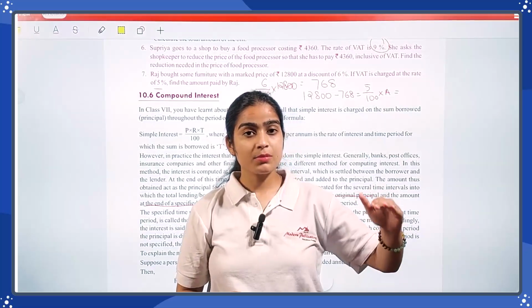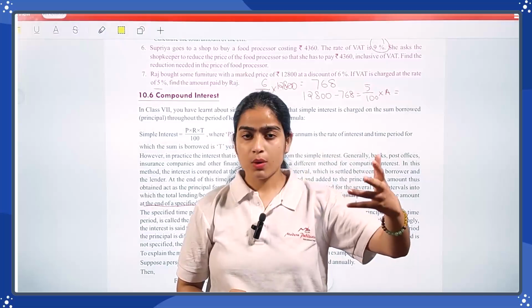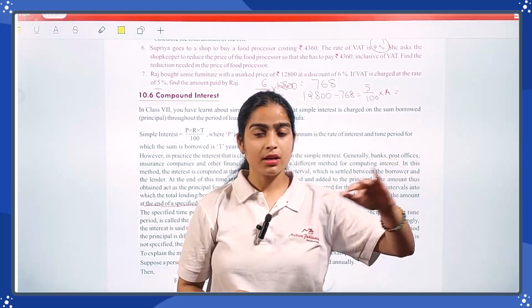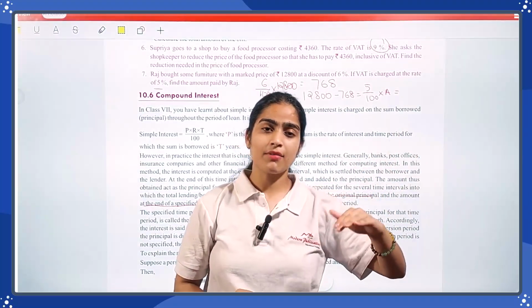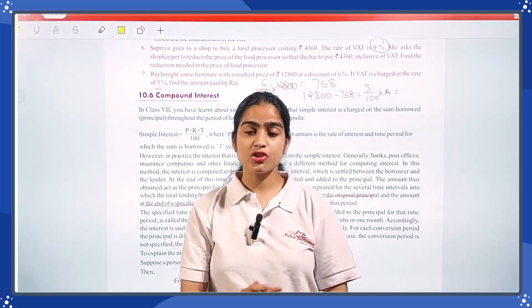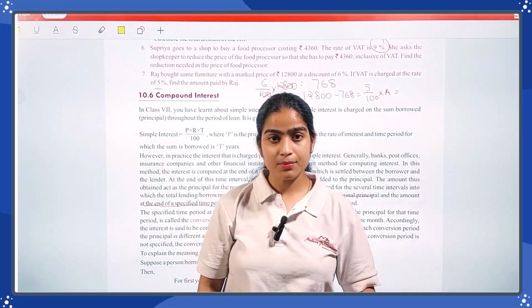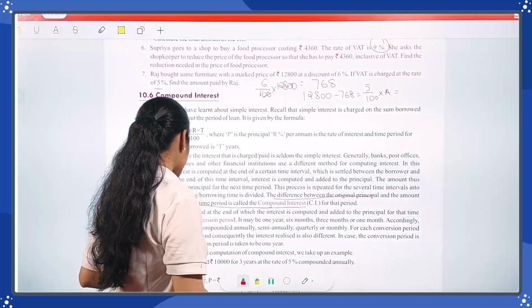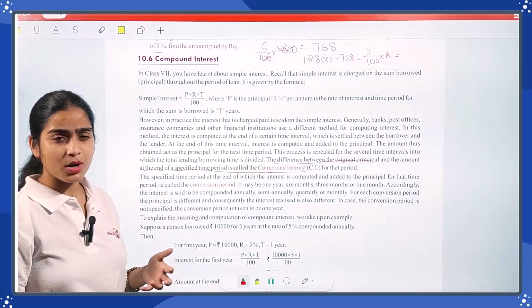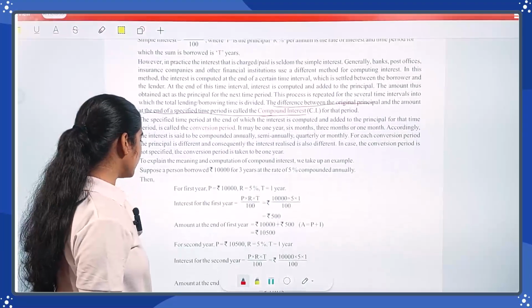After 1 year, the principal is not the same as in year number 1, year number 2 has another principal, and year number 3 has another principal. So in compound interest we are continuously changing our principal. That's why compound interest is greater as compared to simple interest. We have always heard the word compounding, and that refers to compound interest.